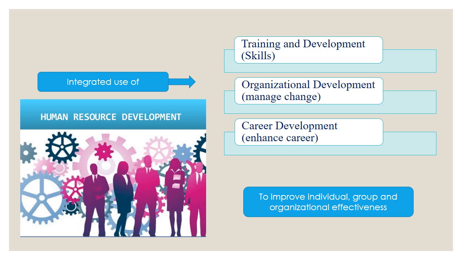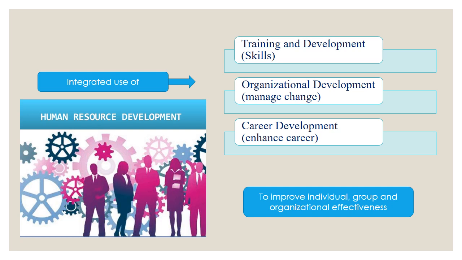Human resource development ensures integrated use of all these three components. Training and development involves enhancing the skills, attitudes and behavior of the employees. Organizational development means managing change in the organization, and career development means to enhance the career of the employees.